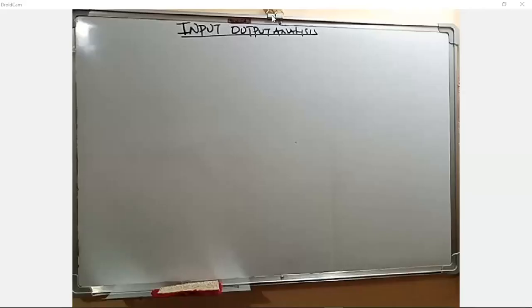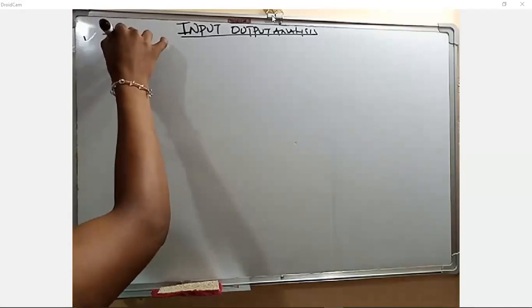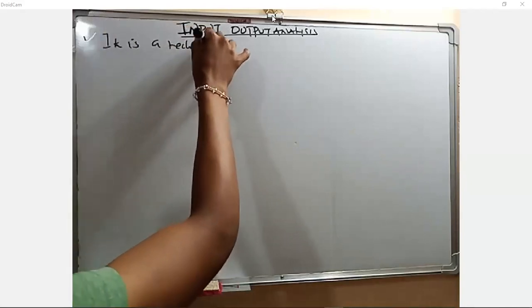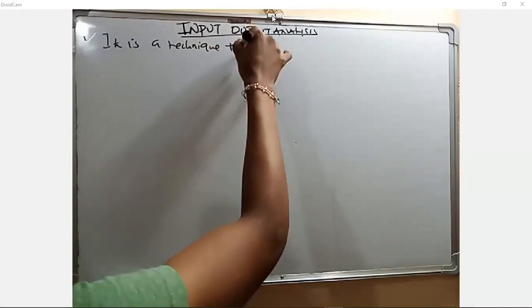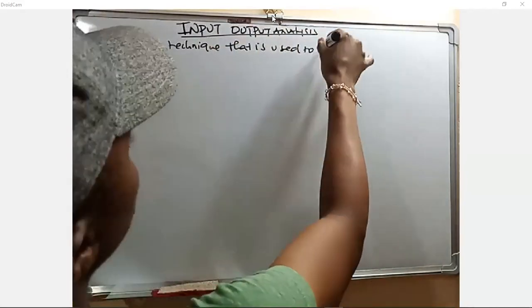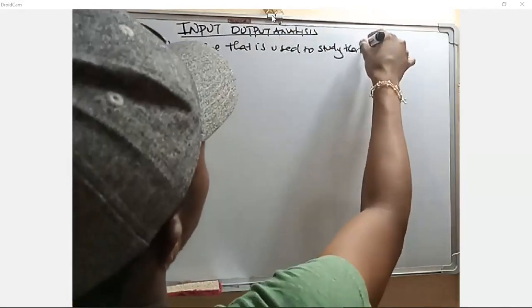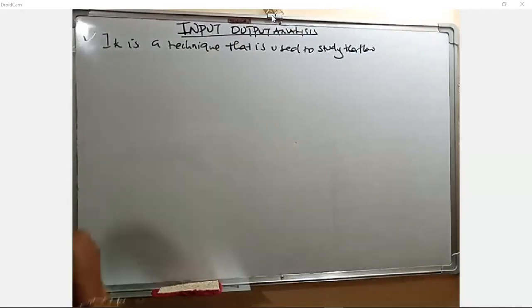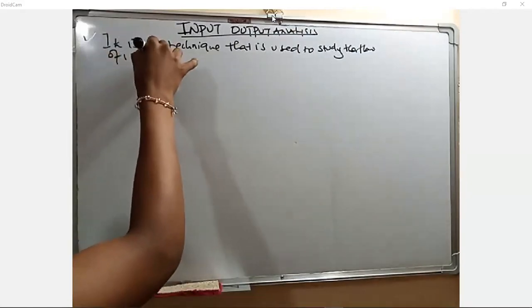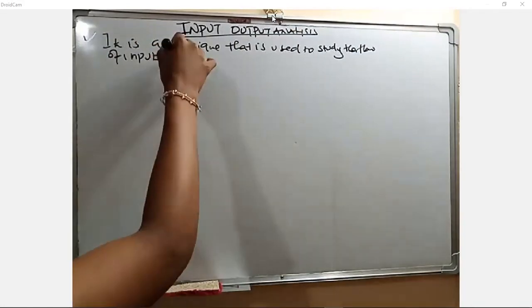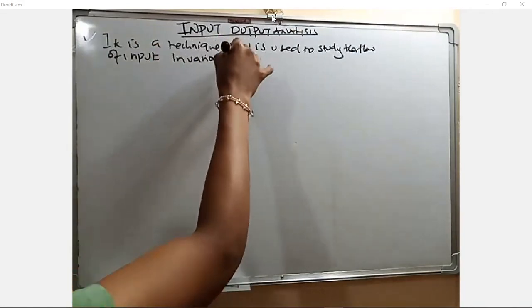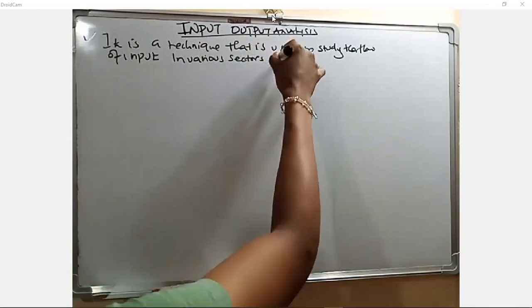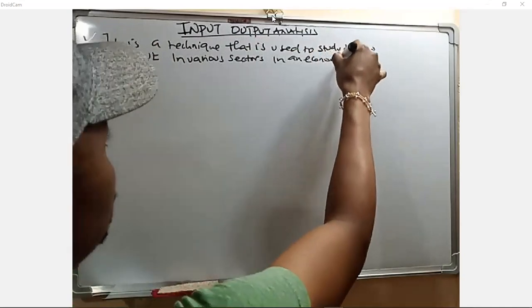And we know that when you look at the input-output analysis, we say that this is a technique that is used to study the flow of input in various sectors in an economy.